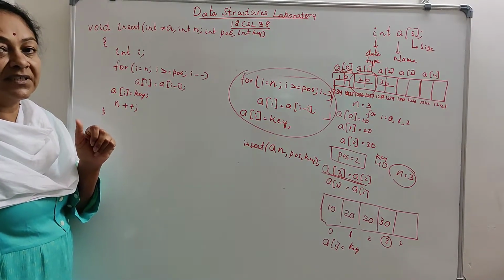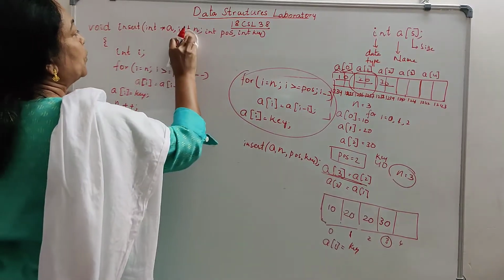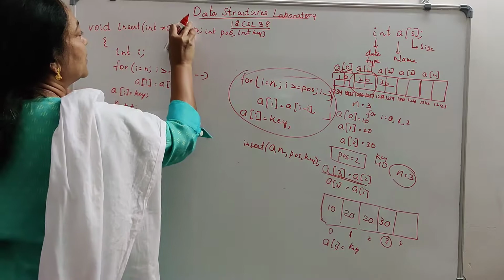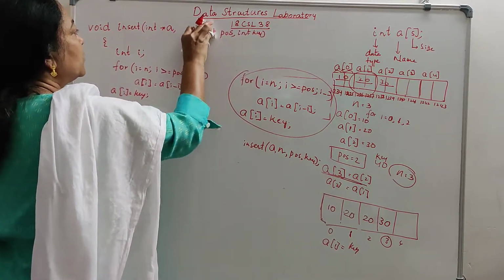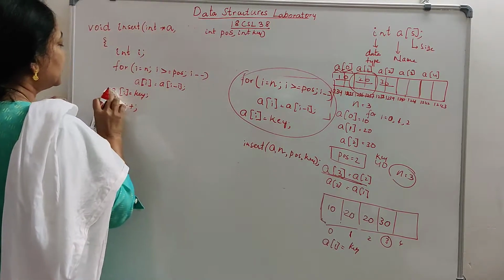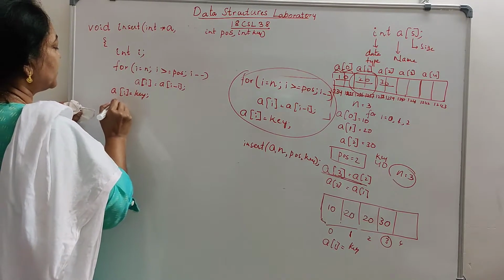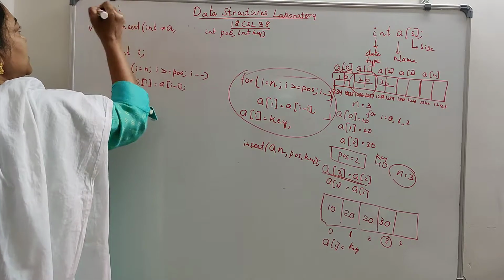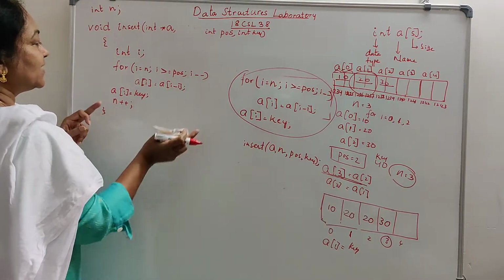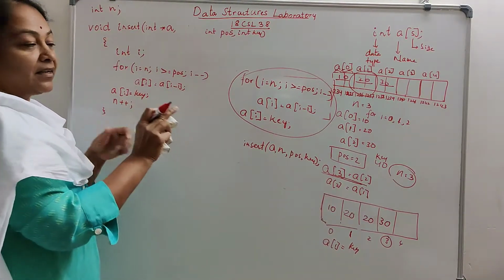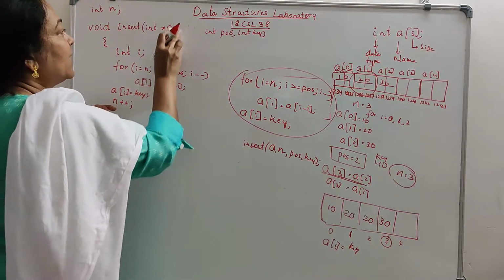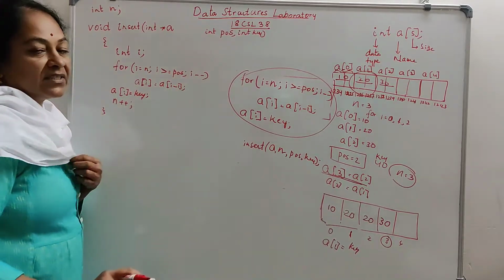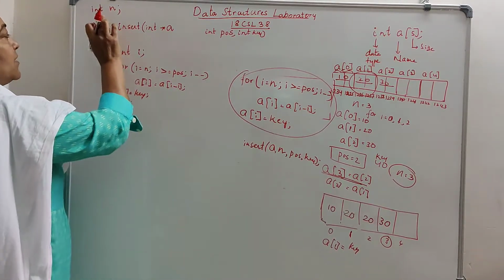The best way is to declare int n as a global variable. So in the previous functions also, please change that. Int n must be the global variable. Otherwise, I need to return it, which will become a mess. So I don't want to send this n as a local parameter.